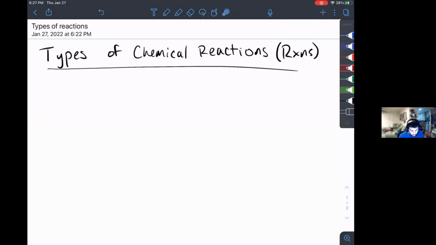So really quickly before we go into the types of reactions, I just want to talk a little bit about how we write chemical reactions. So the traditional way is we put reactants on one side, and we draw an arrow to the right, and then we put products. Now we can have multiple reactants and multiple products.